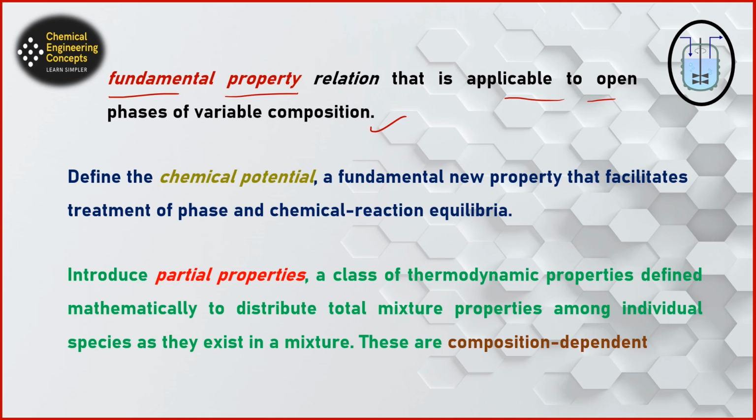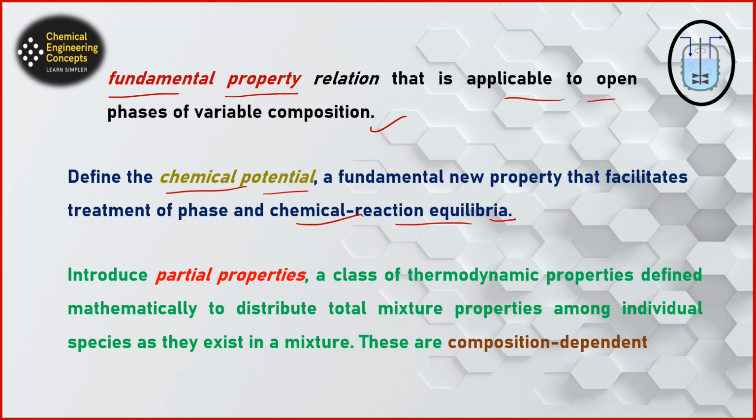After that, we will be dealing with the chemical potential. So what is chemical potential, which is a fundamental new property, right? Chemical potential will be introduced to you, along with its applications. It is basically a very important factor when it comes to chemical reaction equilibria, right? So we will study all this in this series.